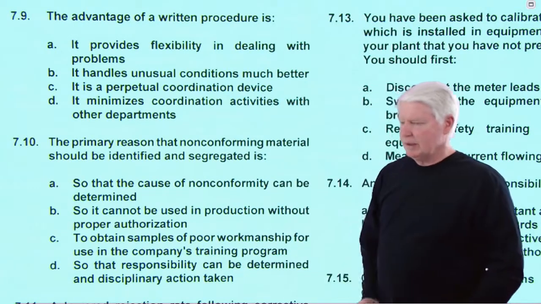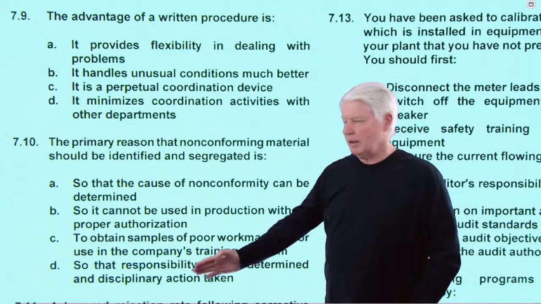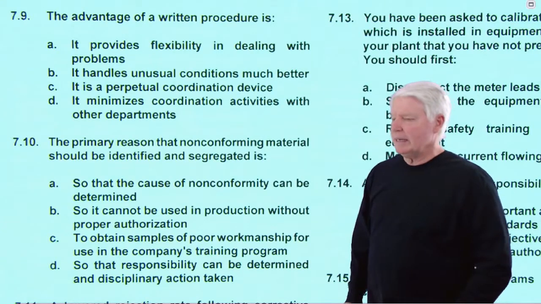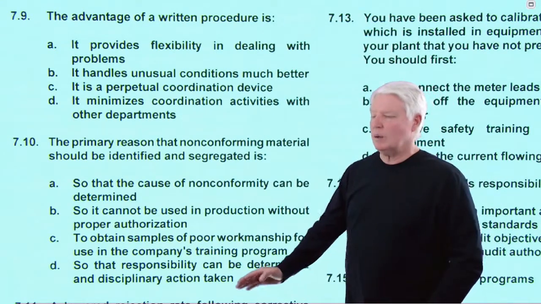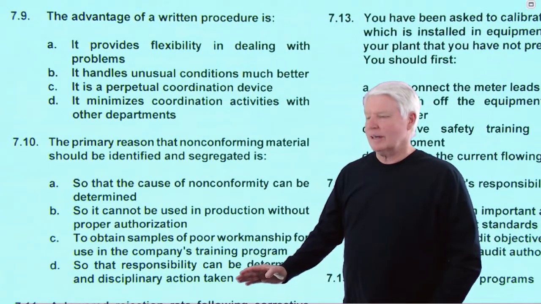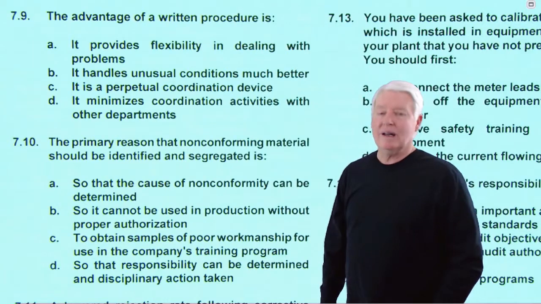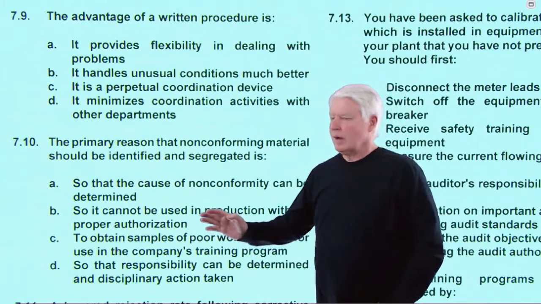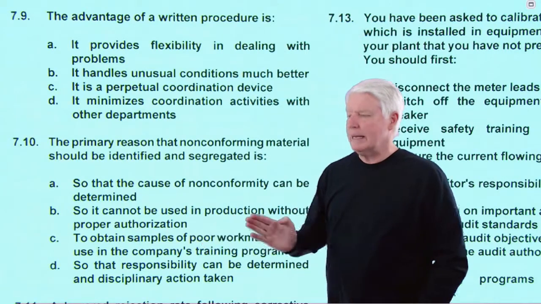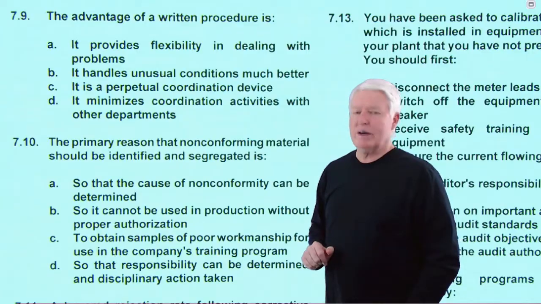To obtain samples of poor workmanship for use in the company's training program. No, that's not the primary reason. So that responsibility can be determined and disciplinary action taken. No, that will never be correct on something that's looking for a positive response on a test question in ASQ. They do not like you punishing people for system problems. So it's going to be B. 7.10 is definitely B. Let's move on to question 11.